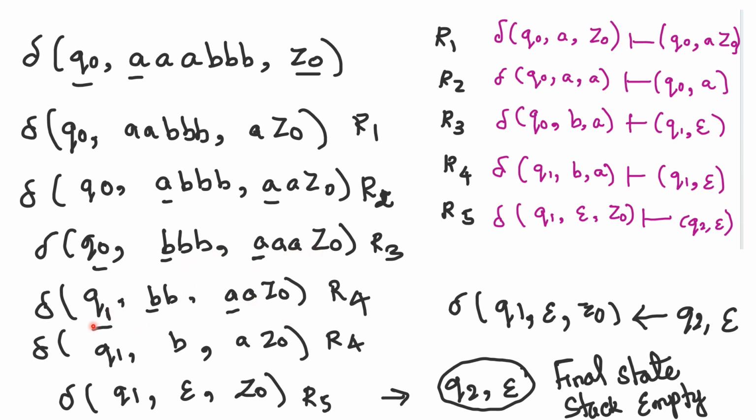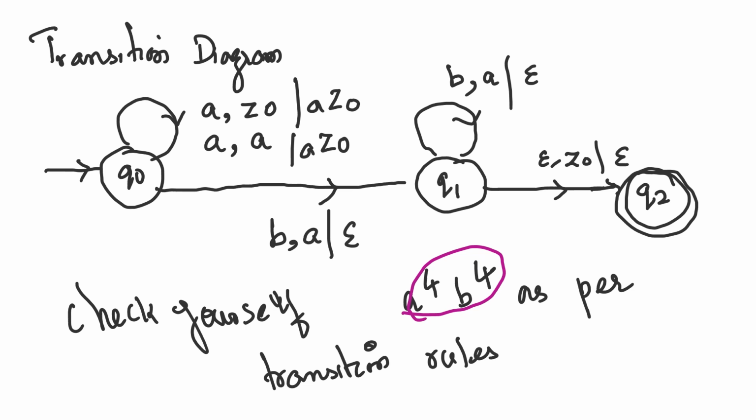Now you have to ensure Q1, B, A, you make it Q1, B, empty, the stack is empty except Z naught. Then you check Q1, B, A, again make it empty, so Q1, epsilon, Z naught. Okay, so as per rule 5 it will reach the final state. So now the stack is also empty and we can say the string is accepted.